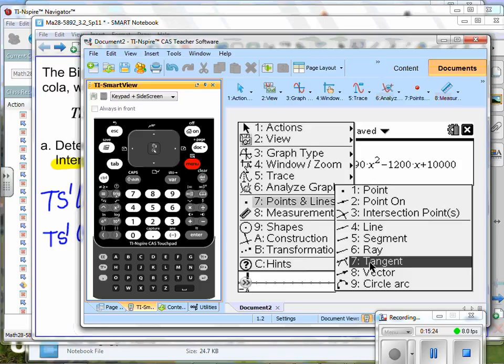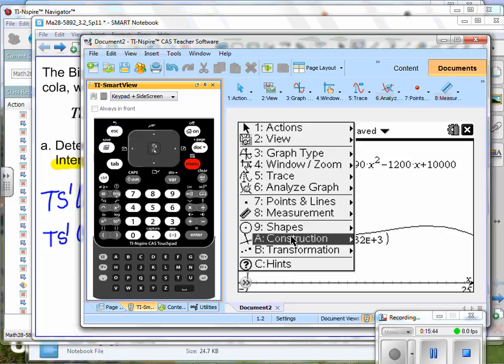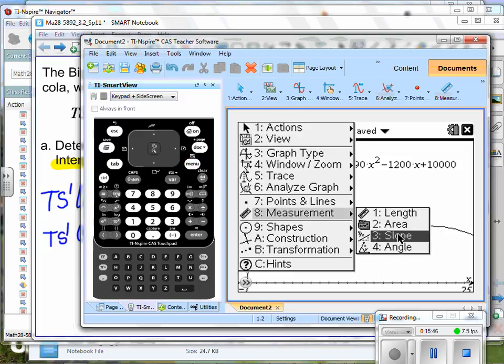Menu, points and lines. And I'll just draw a tangent there. And you know that the important part of that tangent isn't just that it's a tangent, but it's the derivative that tells us the slope. So measure the slope of the tangent.